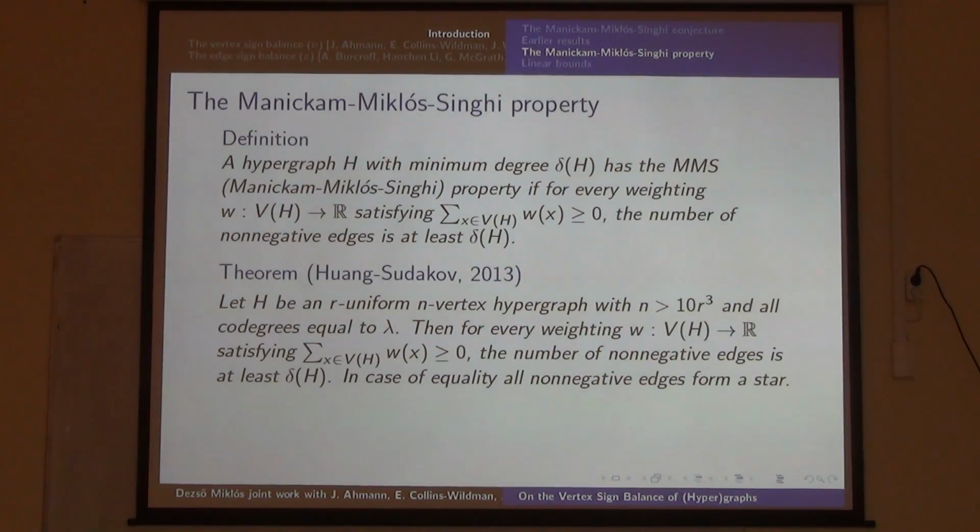So the hypergraph has to be r-uniform, where r is now k, has to have many edges, and it also must have an equal codegree for every pair of vertices, and then they prove that it's true. Clearly, the complete k-uniform hypergraph has equal codegrees, so in particular, this theorem gives a cubic lower bound on the threshold for the validity of the Manickam-Miklós-Singhi conjecture.